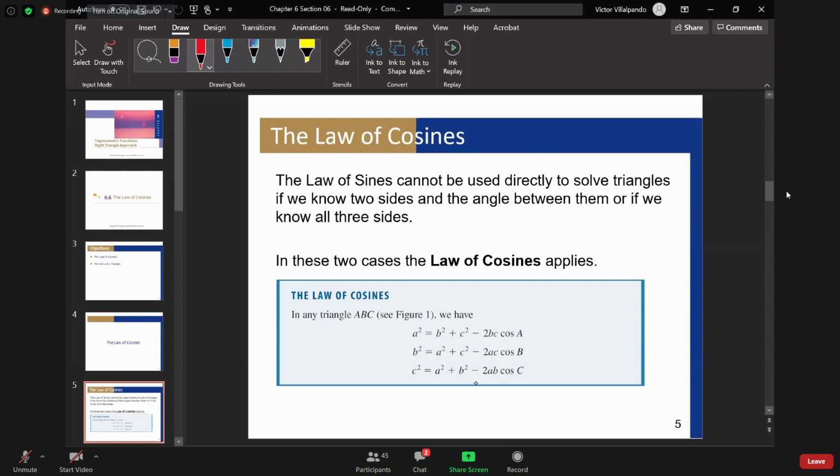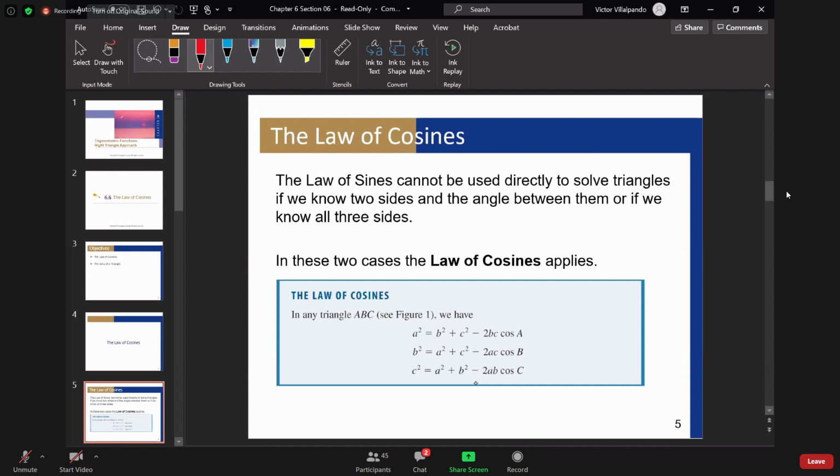If you look at b, b squared is equal to the sum of the squares of the other two sides minus 2 times the product of the other two sides times cosine of that angle. And I can repeat the same thing for the last side as well. They mention this in the next slide.